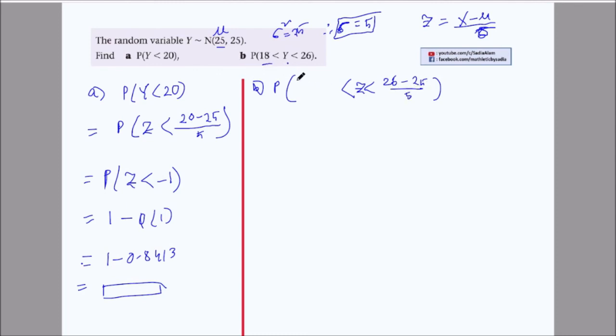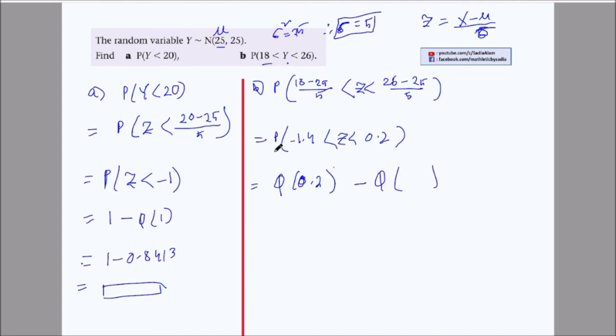Then this 18 will be 18 minus mean by sigma. Phi of this 0.2 minus phi of this minus 1.4. So since this is minus, we need to use 1 minus phi. So this will be 1 minus phi of 1.4.